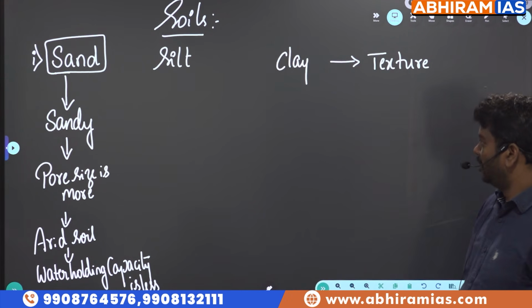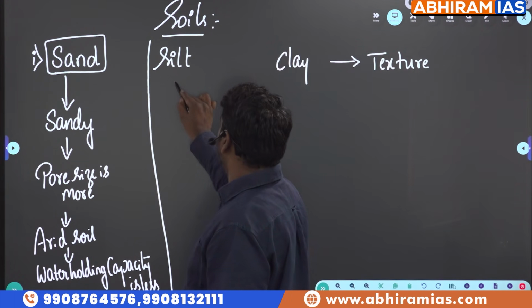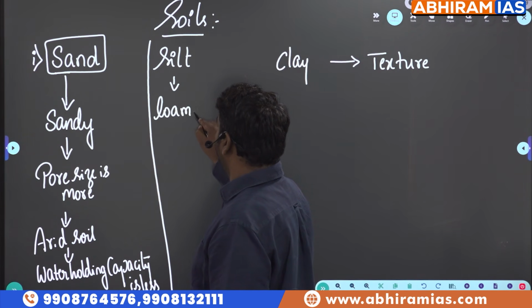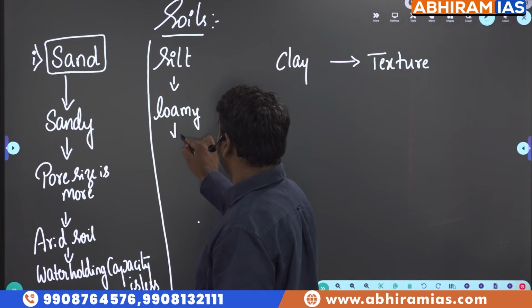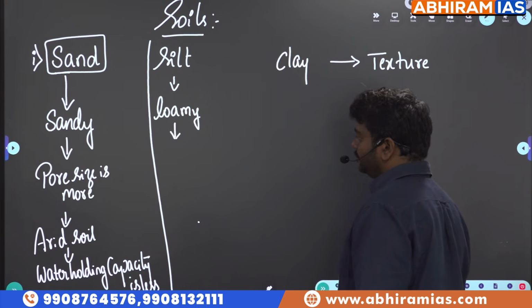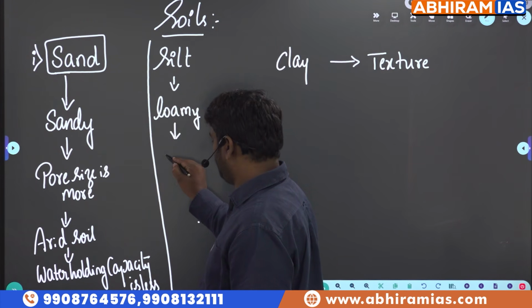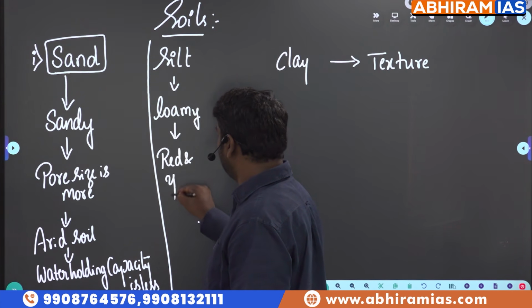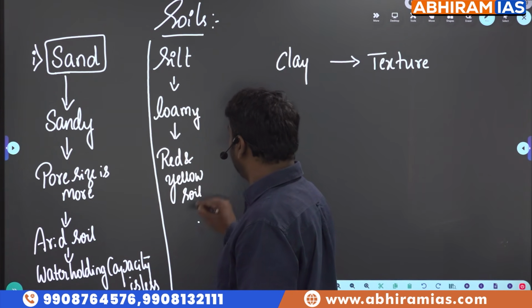Okay, if silt is more, loamy soil. Example is red and yellow soil.